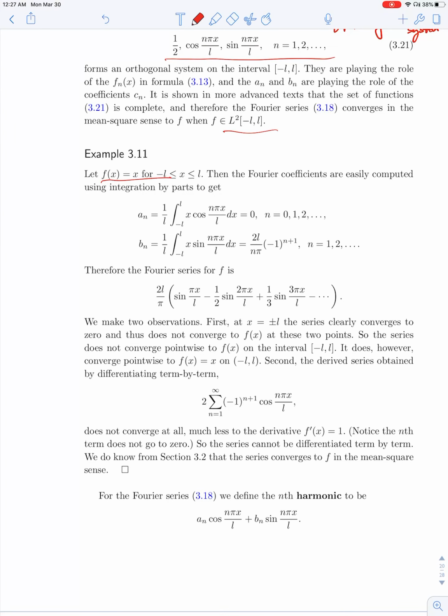And the Fourier series is actually the basis of music theory. In music theory, when you have a string of length, say, L, and you pluck the string, it will produce a sound, and the quality and the timbre of these sounds are conveyed by these coefficients.